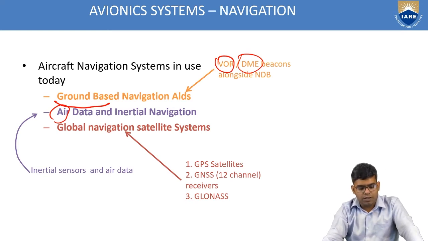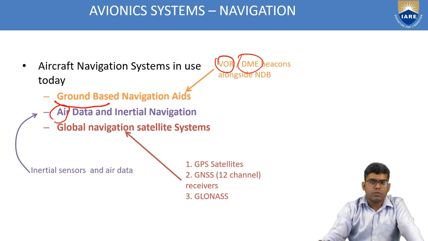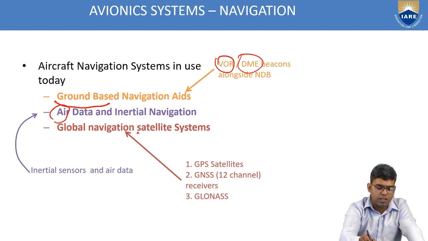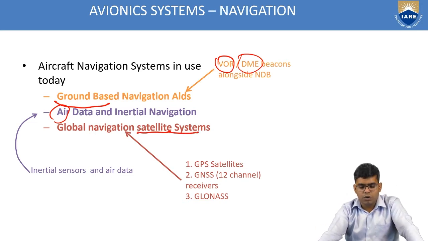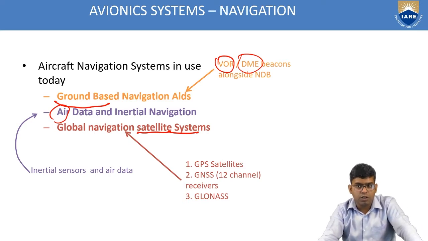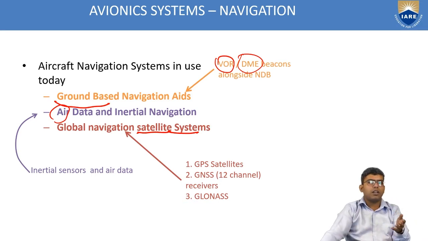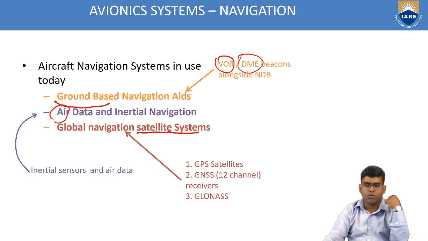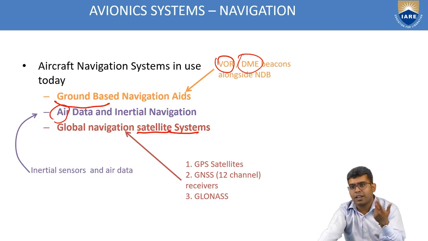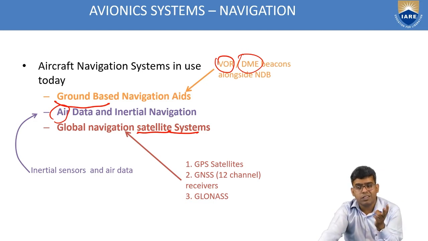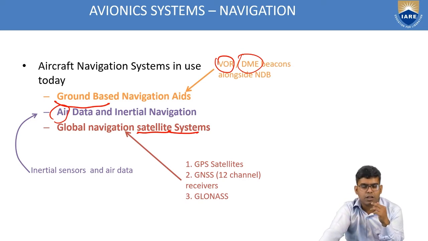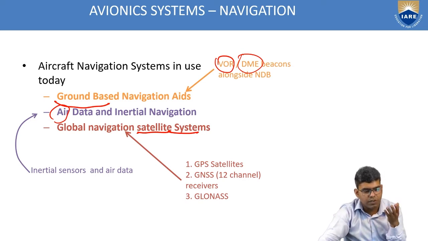And the third one is the global navigation satellite system. The keyword here is satellite systems. So what you can say is global navigation. That means it relies on a set of GPS satellites, which are global positioning satellites that revolve around the Earth all the time. And the second is a 12-channel global navigation satellite system receiver, GNSS receivers, which help the aircraft navigate accurately.